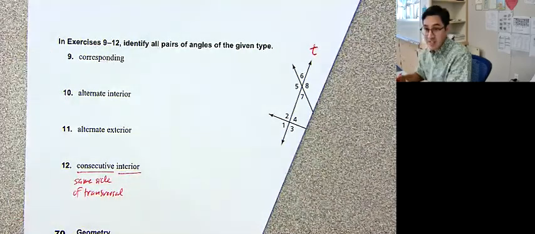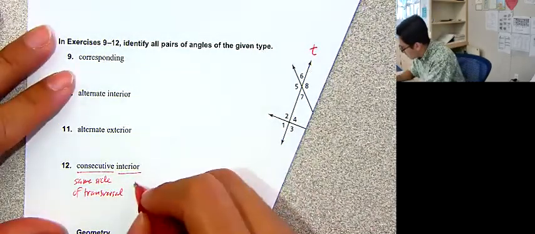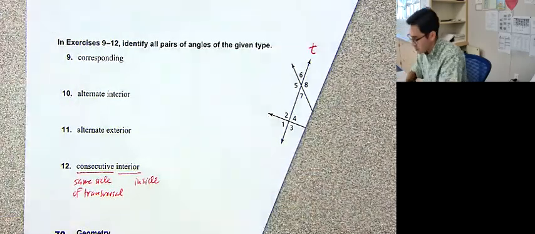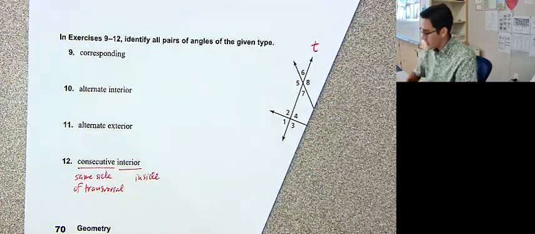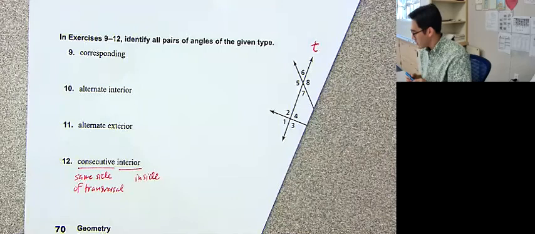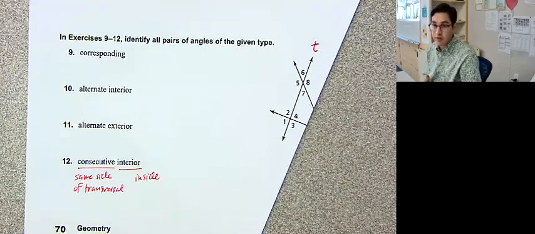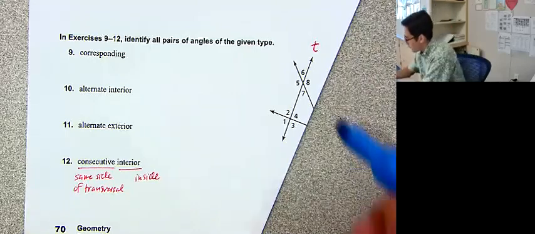And then interior just means on the inside of the figure, as opposed to the outside. So let's see if we can find two angles that are on the same side of the transversal, either both on the left or both on the right, but also on the inner part of the figure.